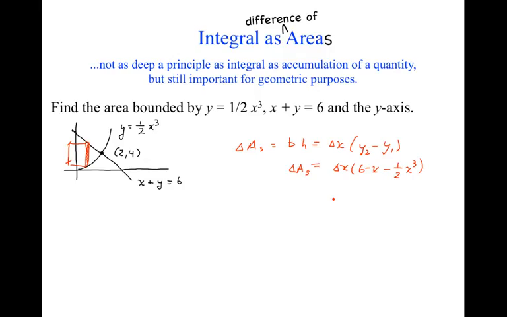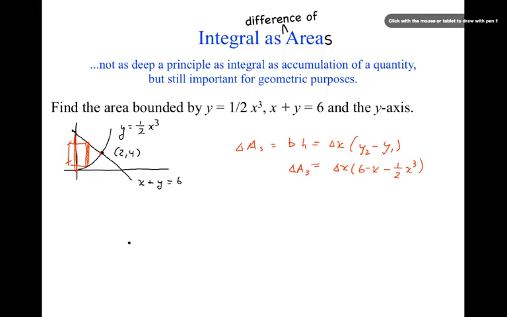The first one is the tallest one right there, the last one has 0 height right there, and we want to add up all of them in between.